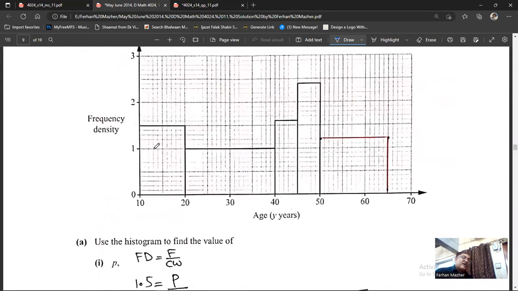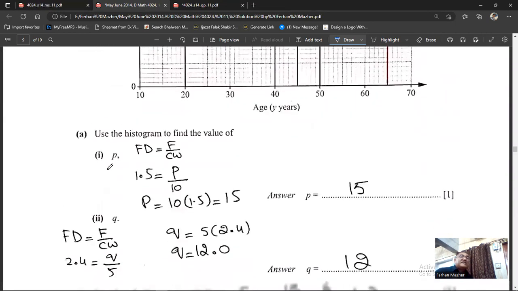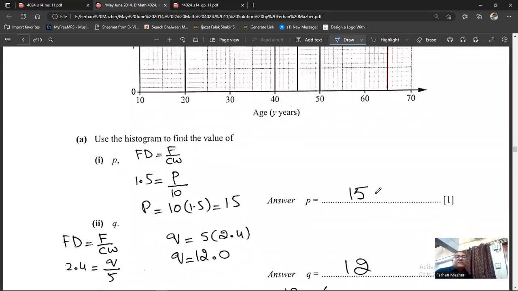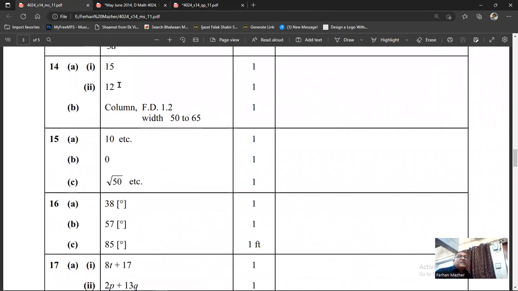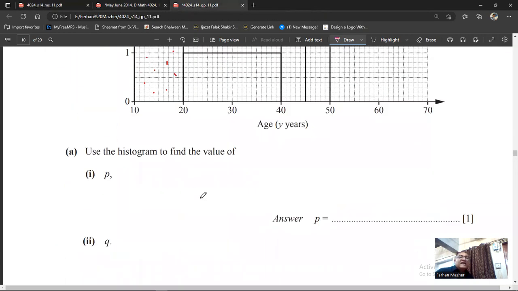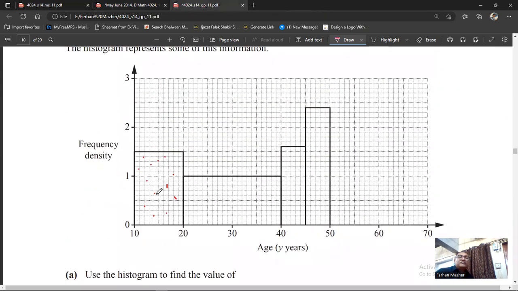So from this histogram, I can tell the class width is 10 and the frequency density is 1.5. So P will be equal to 10 into 1.5 and that will be 15. So the P value is 15. Let's check. Our answer is right.